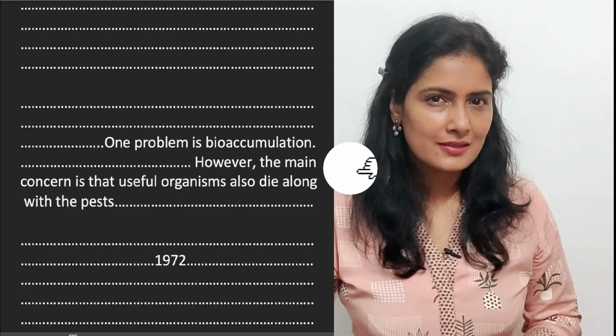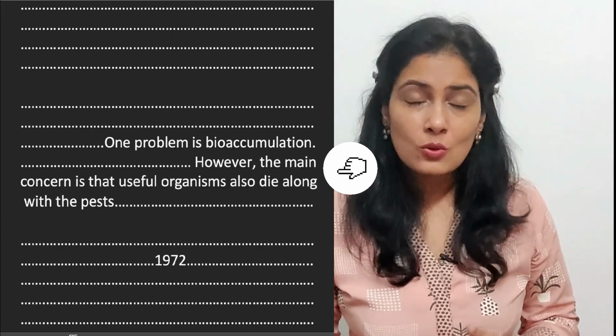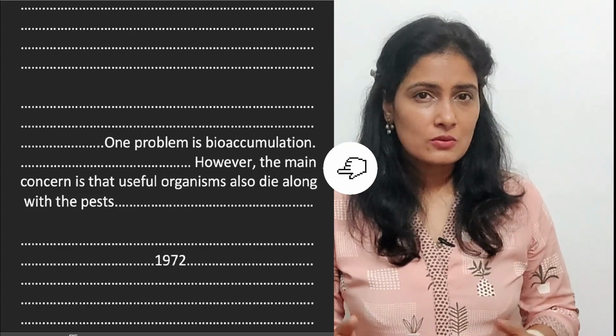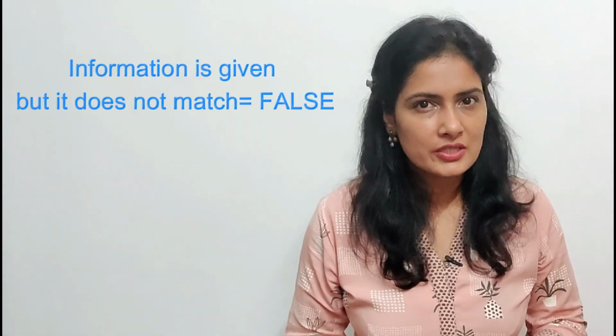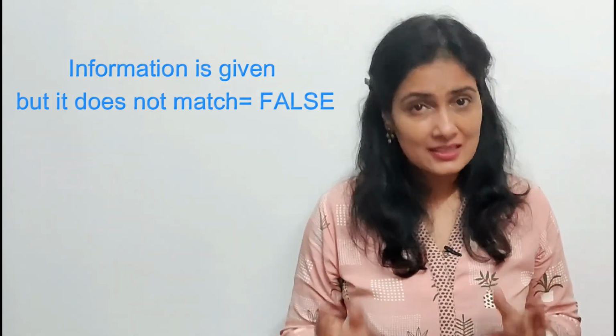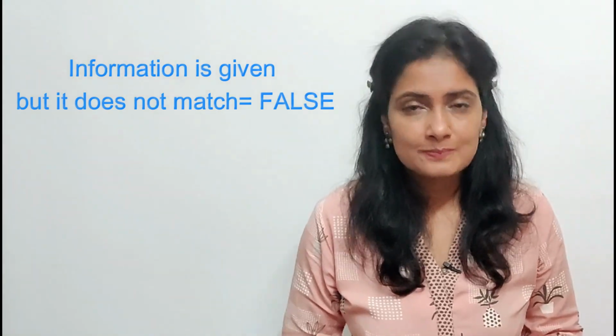For example, it might be given that the primary problem is that other useful insects also die as a result of using pesticides. So the primary problem is given and it is something else and not this one. So a contradictory information, a different information is given in the text. So you would be writing false. So that would come by taking some time to read the answer area in detail.